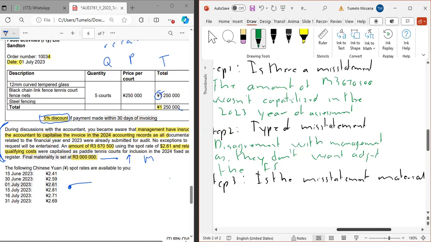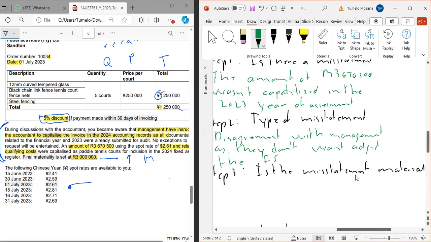So you can state the amount is above the final materiality of 3 million.